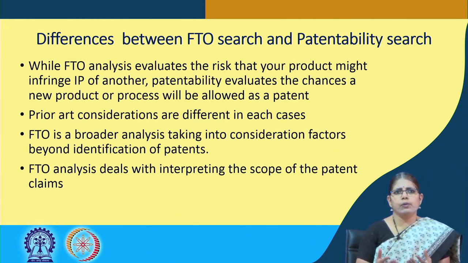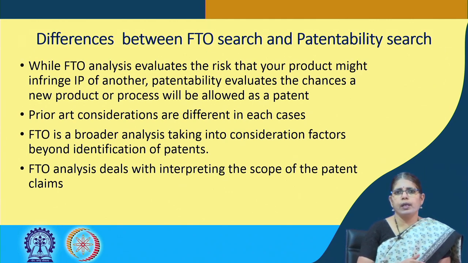The scope of the search also is obviously different in relation to FTO, where you are really looking at the patent claims, whereas in the case of a patentability search, one is essentially looking at evaluating an invention for the purposes of novelty, non-obviousness. So in the case of a patentability search, the issue is all about whether an invention will be allowed under a particular law, whether the patent office will allow it as a patent.